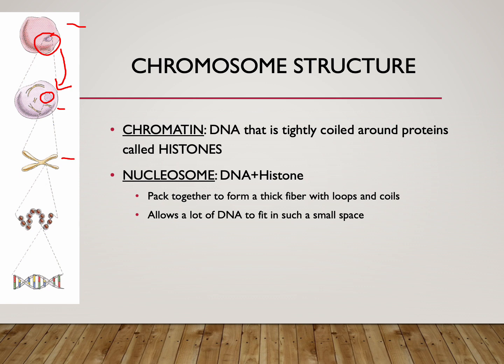And if you uncoil the chromosome, you're going to start to see the chromatin, which is going to be the DNA material wrapping around proteins that are called histones. And if we continue to uncoil that, we'll eventually get to that double helix structure that we're familiar with for the DNA. And so within the nucleus, the DNA starts to coil around the proteins, making chromatin. Continue coiling, we'll get that chromosome structure, which again we find in the nucleus of the cell.